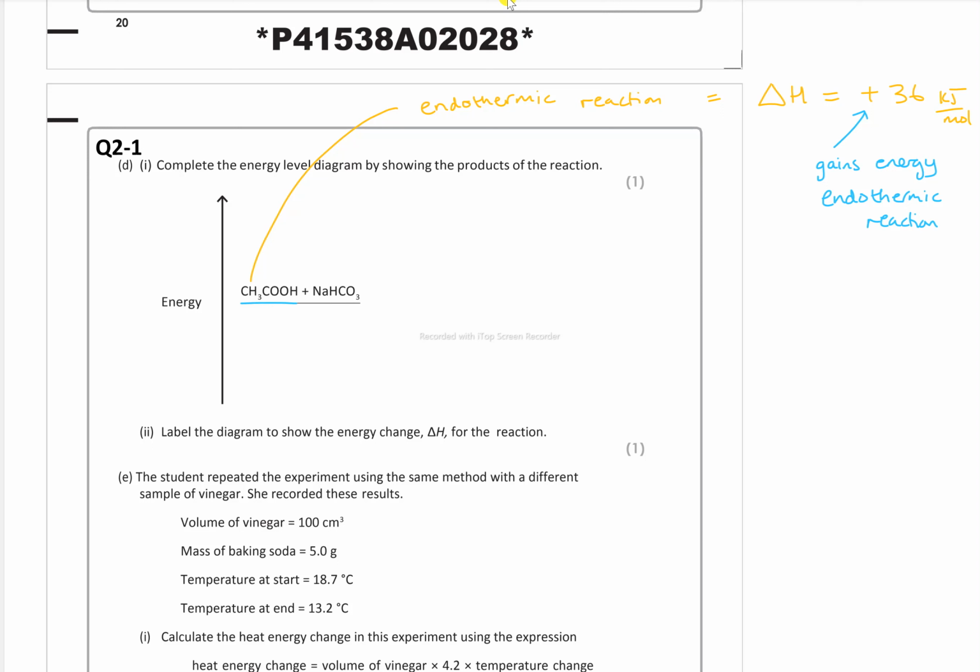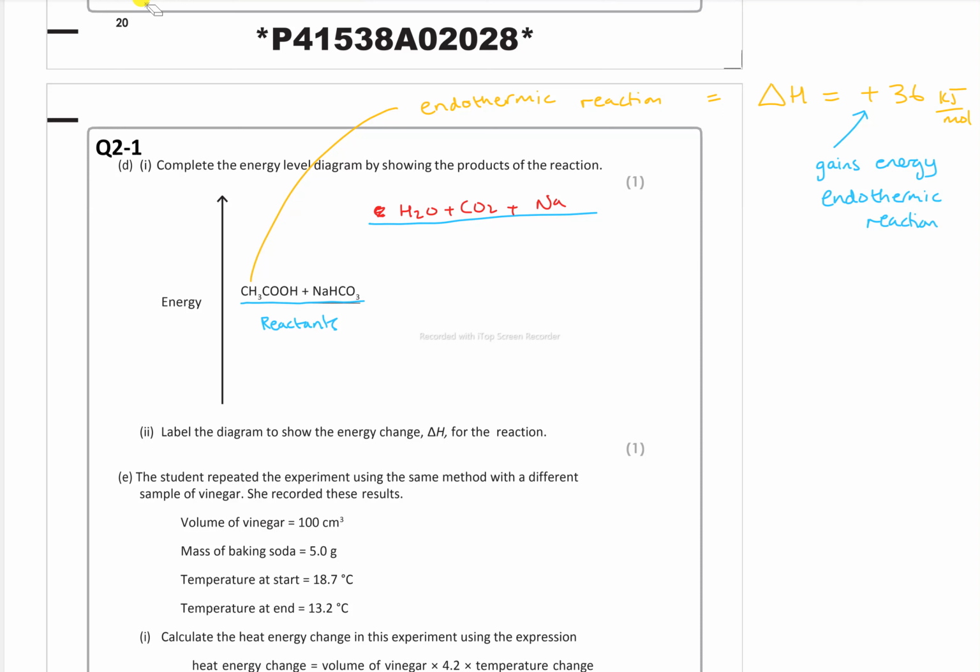So this is the energy level of the reactants. The products will have gained energy and move up here. And this gives, right, let's write this down: H2O plus carbon dioxide plus sodium ethanoate, CH3COONa.